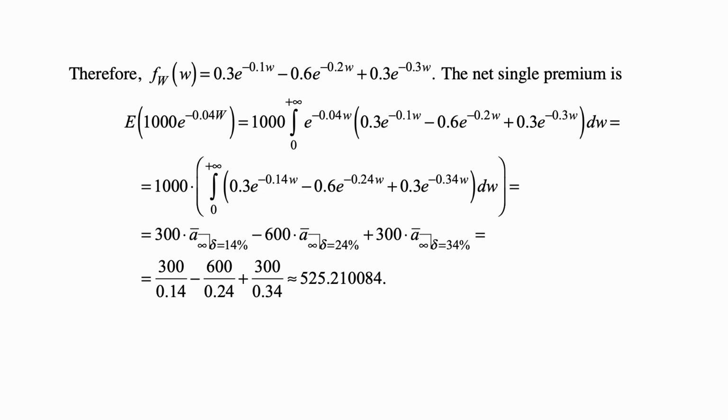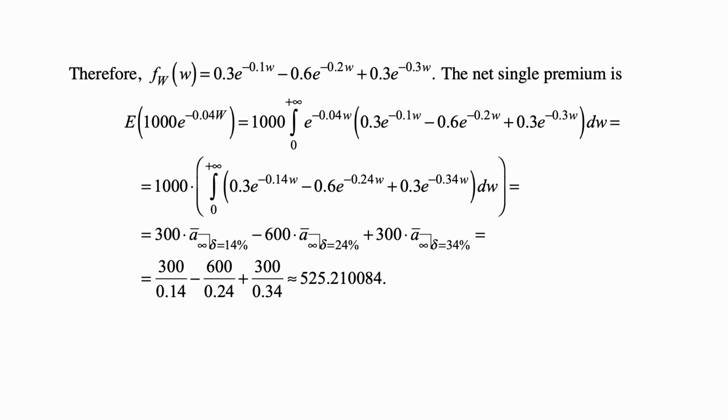Okay, then that's 1000 times the integral from 0 to plus infinity of 0.3 e to the minus 0.14 w minus 0.6 e to the minus 0.24 w plus 0.3 e to the minus 0.34 w dw. And of course, 1000 times 0.3 is 300. 1000 times 0.6 is 600. 1000 times 0.3 is 300.